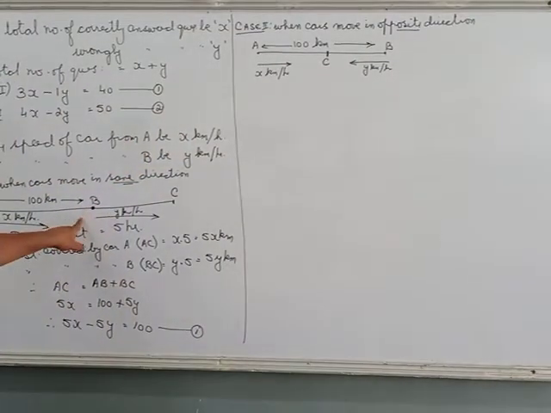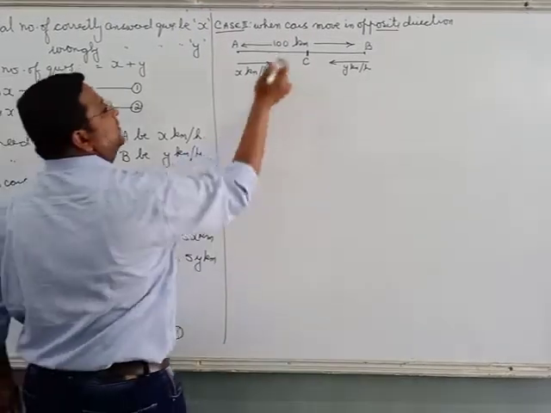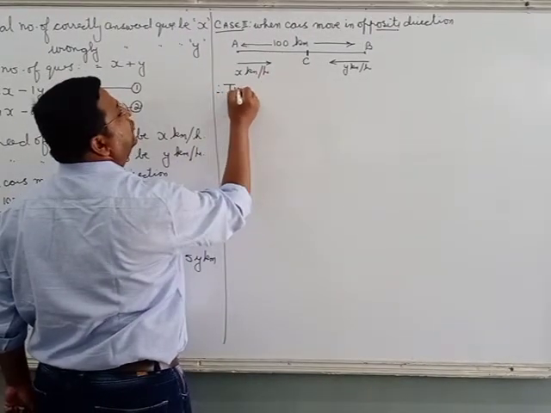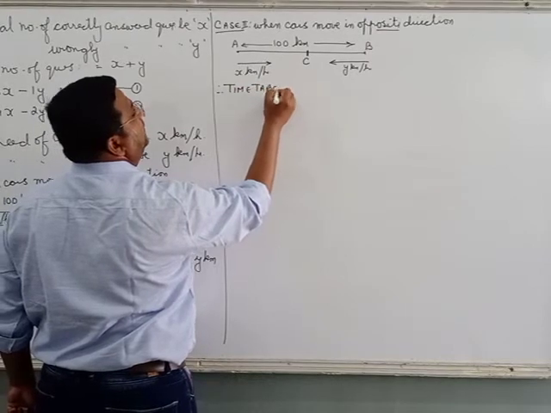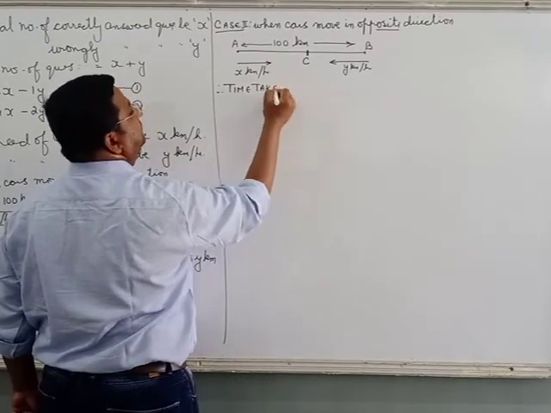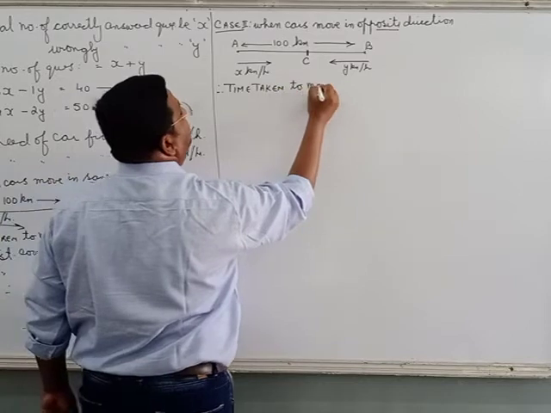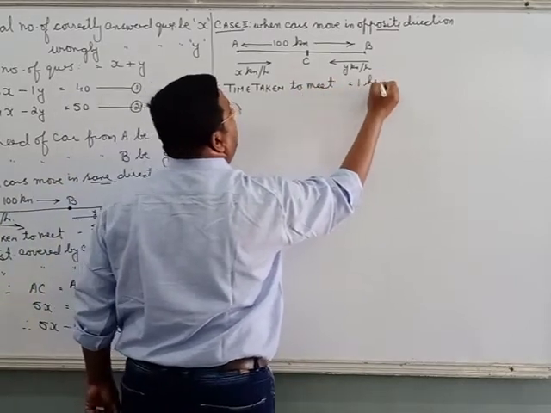In this case, they were meeting in a different place. Now here they are meeting. So again we'll find the time taken to meet. Time taken to meet is equal to 1 hour now.